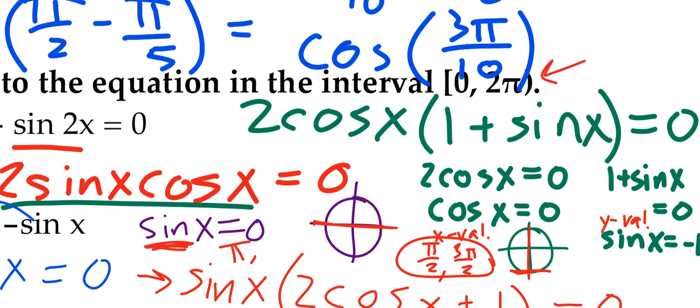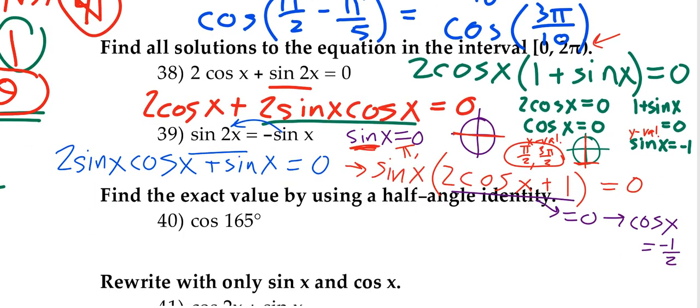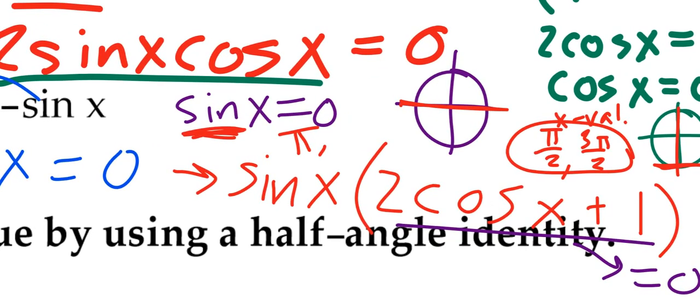Right here, it says in the instructions you can't use 2 pi. So pi is one of those answers. What's the other one? 0. So we got those two answers.